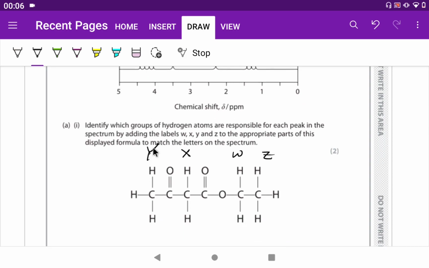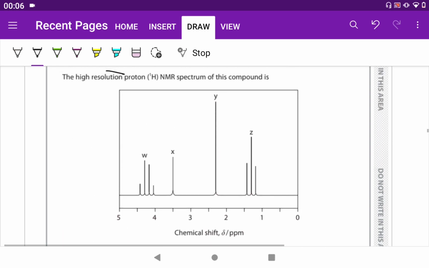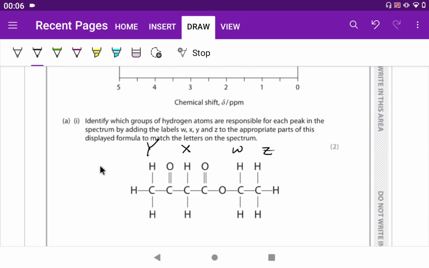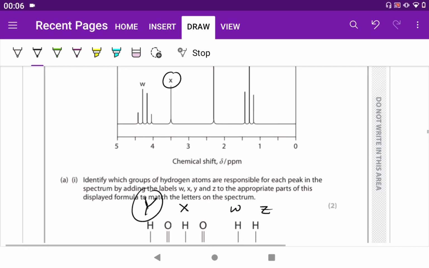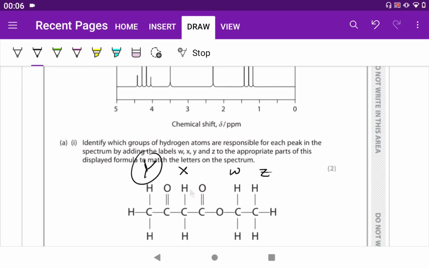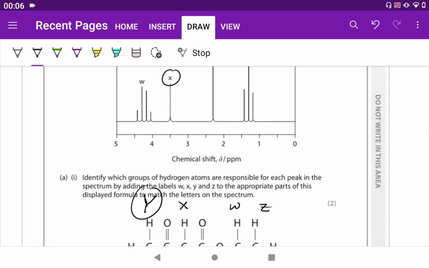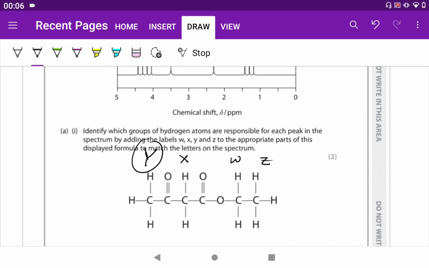Okay, because there are no neighbor hydrogens, only one peak is there. So this will be Y, and this is X because there are also no peaks split here. But W and Z are here.